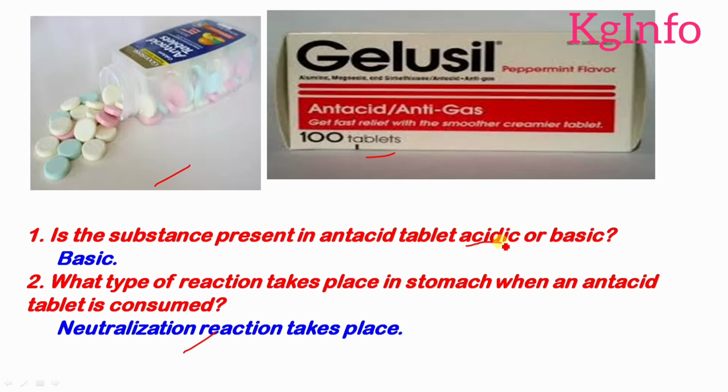Then the excess acid is neutralized by the base to form a neutral compound in our stomach, and we get relief from acidity or gastric problems. So should we take acidic material or basic material? Certainly we should take basic material, that means antacid tablets are basic in nature.